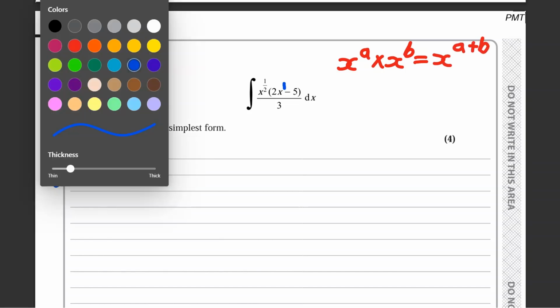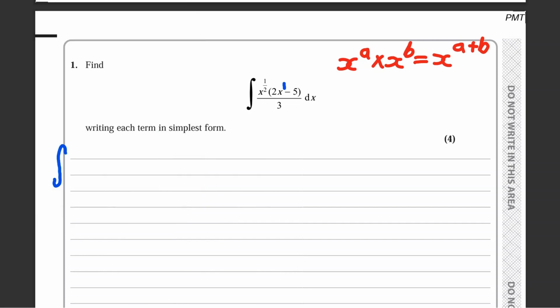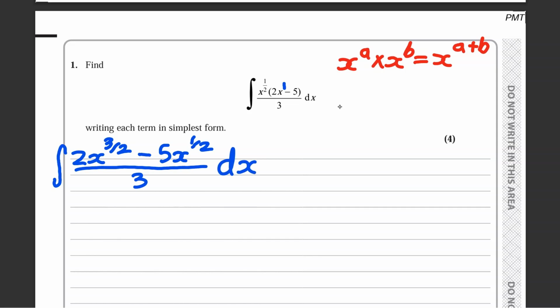So in this instance, x to the power of a half multiplied by 2x to the power of 1 is going to be 2x to the power of 1 plus a half, which is 3 over 2. And then we've got x to the power of a half multiplied by minus 5, which is just going to be minus 5x to the power of a half. And all of this is going to be over 3. What's nice about this is we have two terms in the numerator and one term in the denominator.